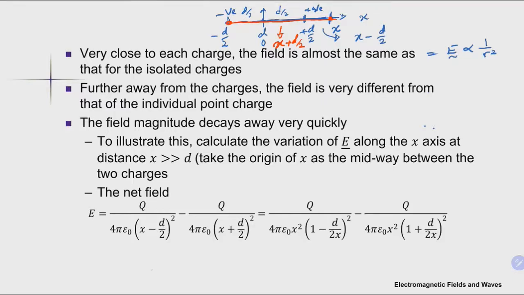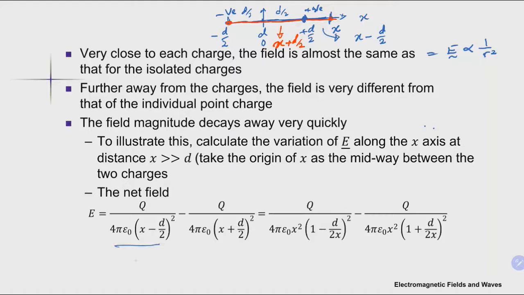And then we can apply our normal equations for electric field. So that will be Q over 4 pi epsilon naught (x minus d over 2) squared. That's my positive charge. And then the other one, due to the negative, that will be my negative Q over 4 pi epsilon naught (x plus d over 2) squared.